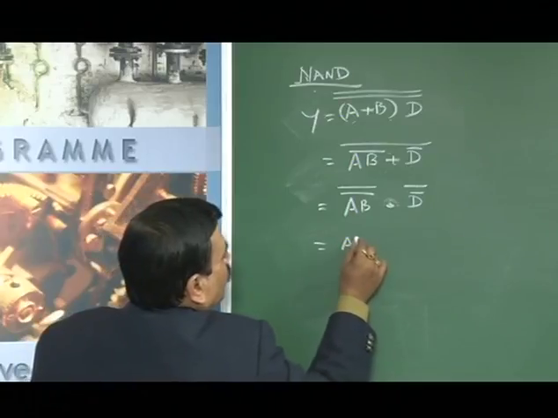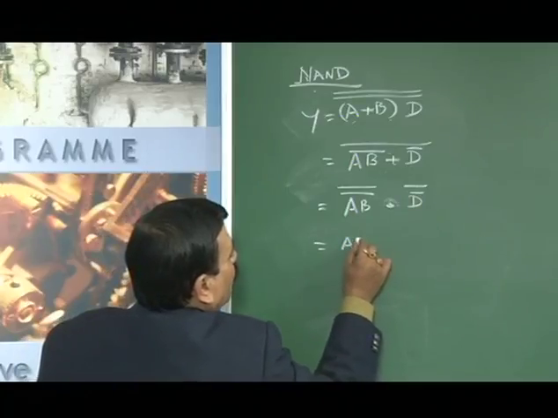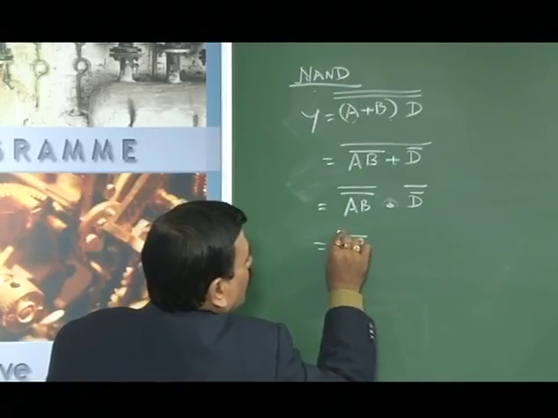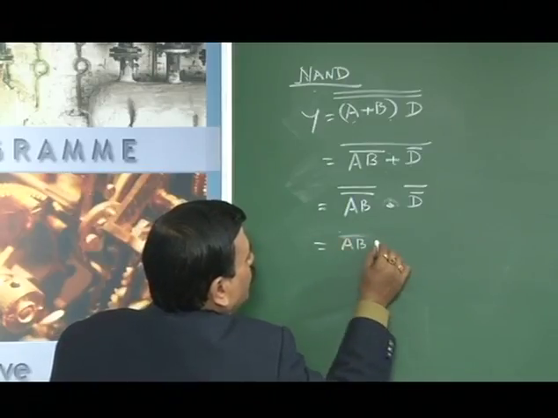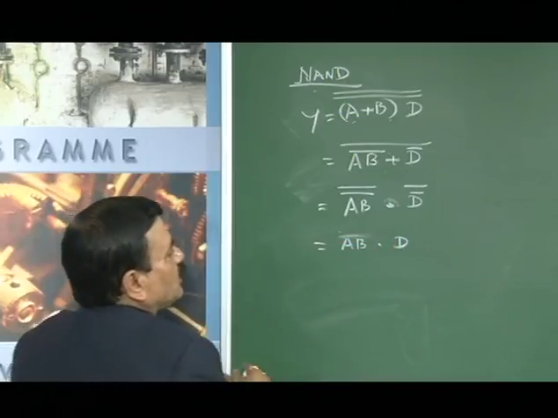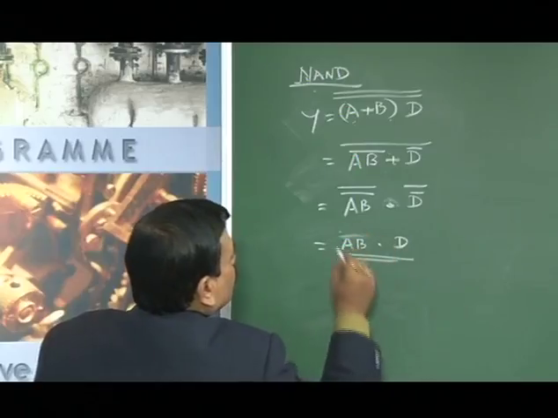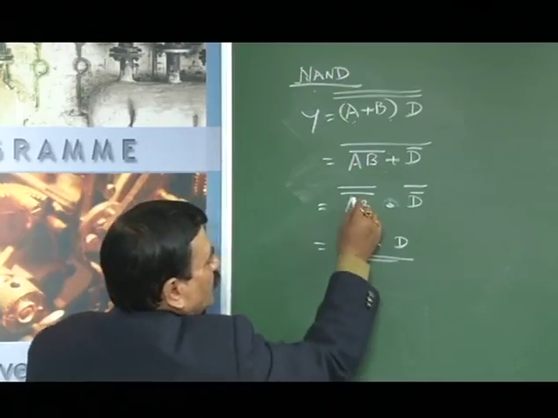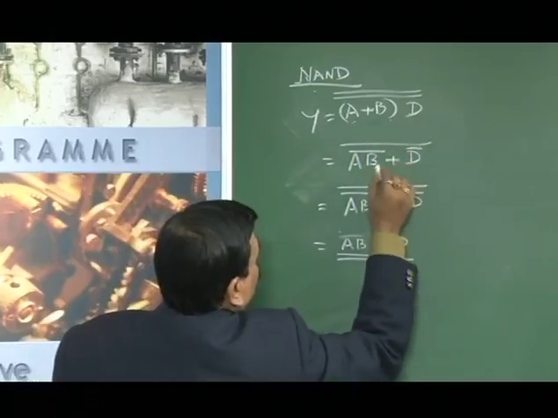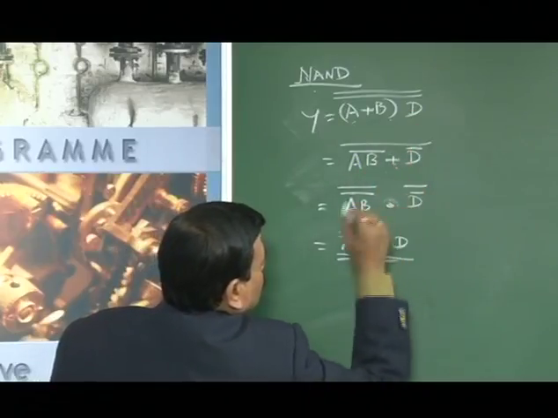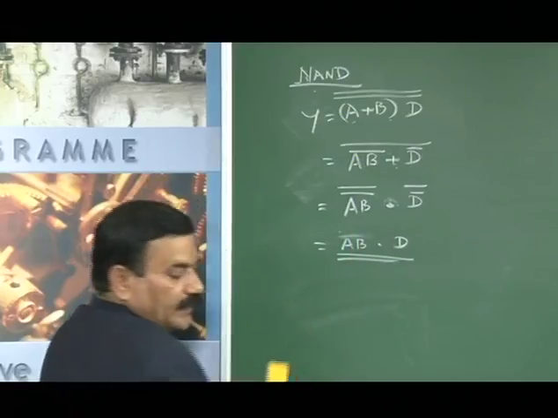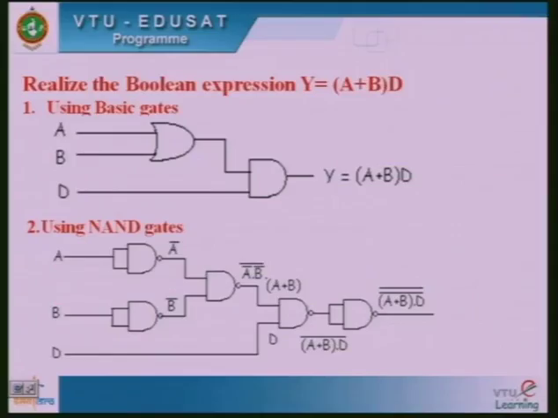So A B double bar, A B complement, and once again this complemented is nothing but A into B dot D. So this implementation can also be converted. At this stage you can stop and write the circuit this way also. So let us see how this can be implemented.